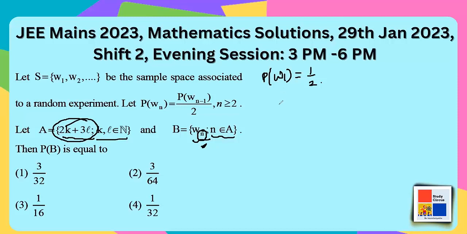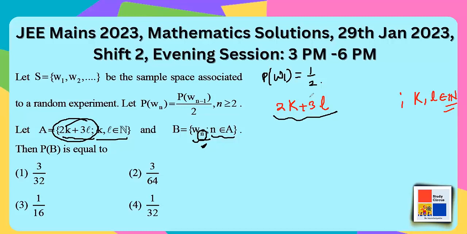Now you see, if I write 2k plus 3l, where k and l are both natural numbers, what can those numbers be? Are they all the natural numbers of the form 2k plus 3l? Is it covering all the possible natural numbers or only a few of them?